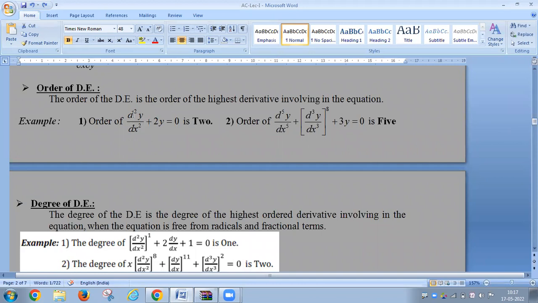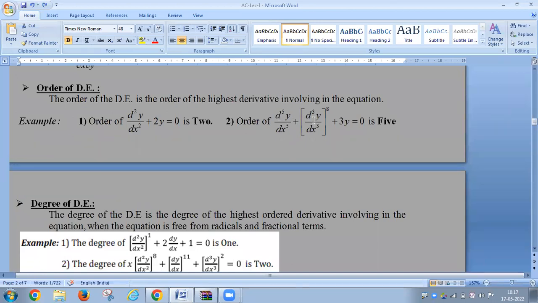So the order of this differential equation is 2. Next, the second one: d power 5 y by dx power 5 plus (d cube y by dx cube) whole power 8 plus 3y equal to 0. If you observe, here the highest derivative is the fifth order derivative.